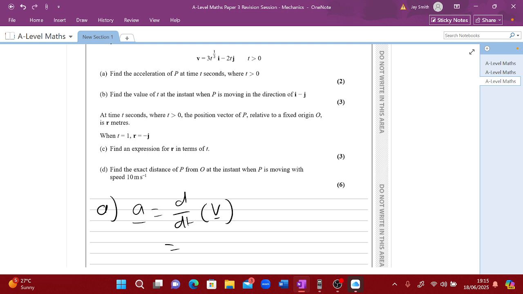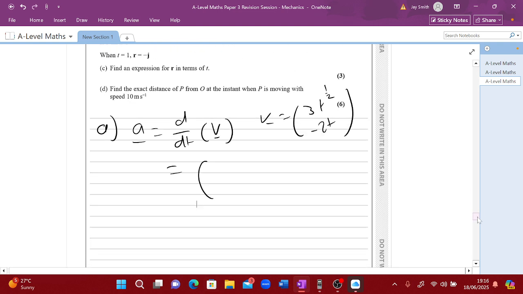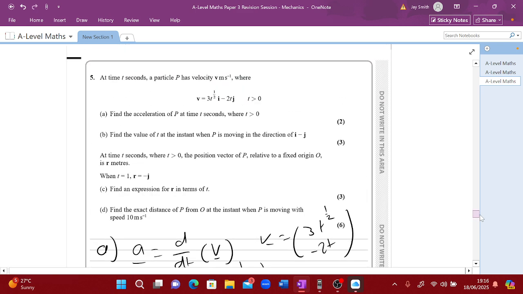V is in column form, 3t to the half and minus 2t. If we're going to differentiate the vector, you just differentiate it part by part. So 3t to the half will go to 3 over 2, t to the minus a half, and minus 2t will go to minus 2. There we are, simple, 2 marker.